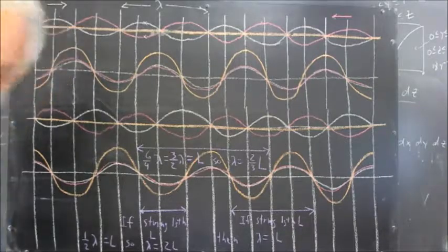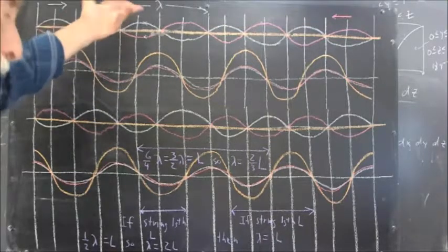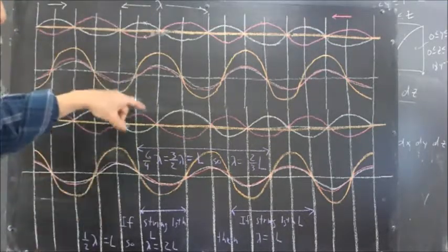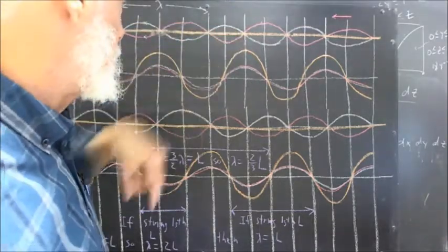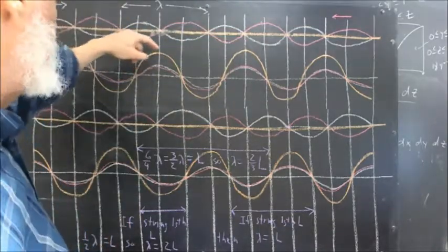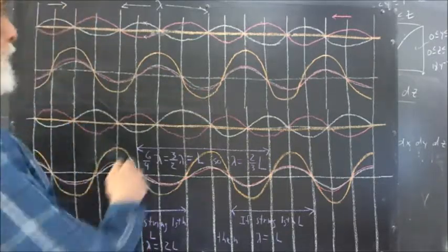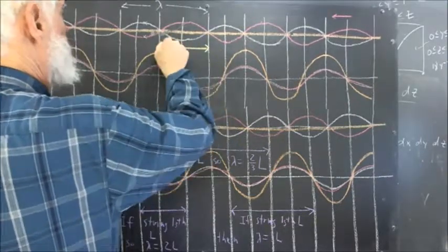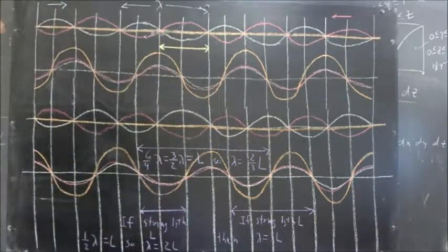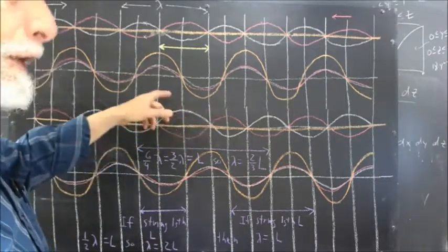Now, if you have antinodes at both ends, we can see that. Right here is an antinode, and here's an antinode. Or even here's an antinode and here's an opposite antinode, so that we could let this be the length of our tube. We have an antinode at this end and an antinode at this end.